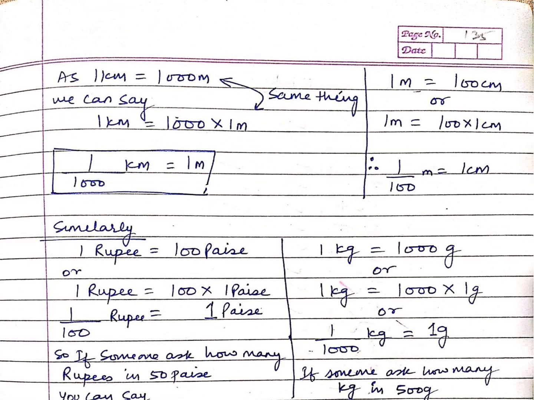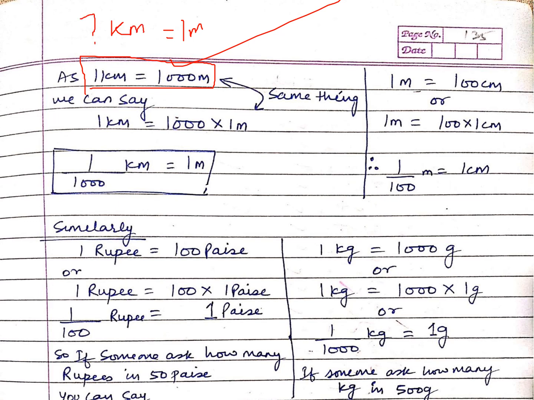Now I'm discussing the question I gave you in the previous slide: 1 km is equal to 1000 meters. You all know this. But I asked you a different question: in 1 meter, how many kilometers? How to find this? Very easy.